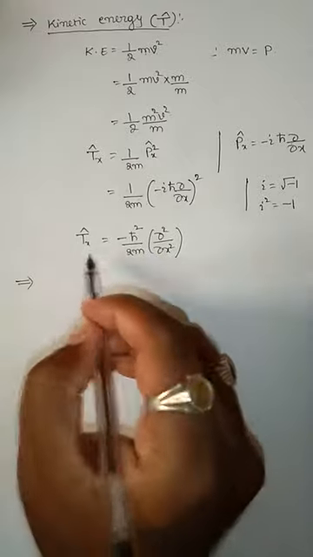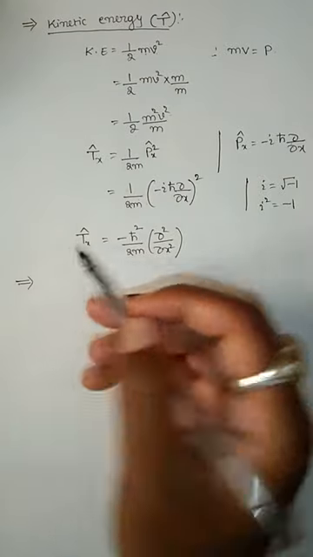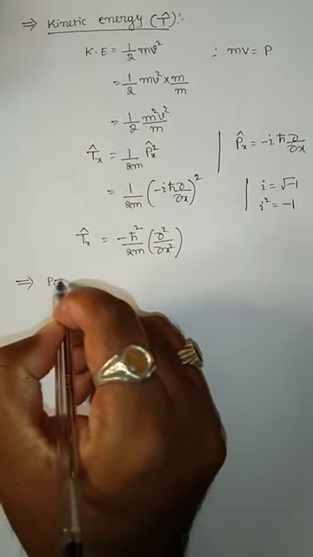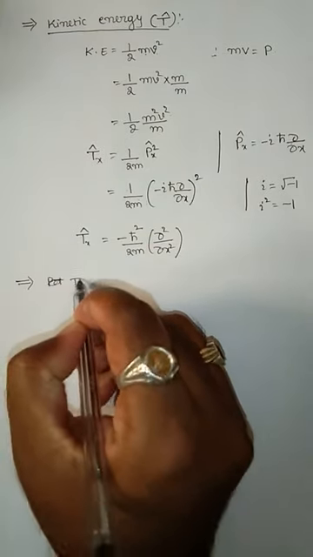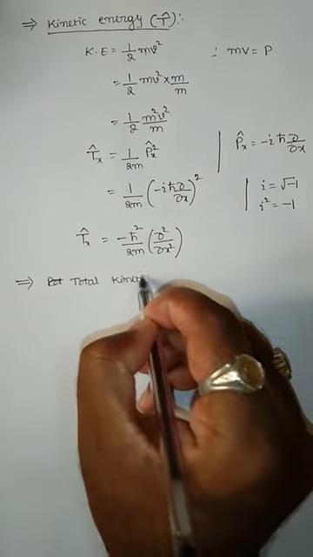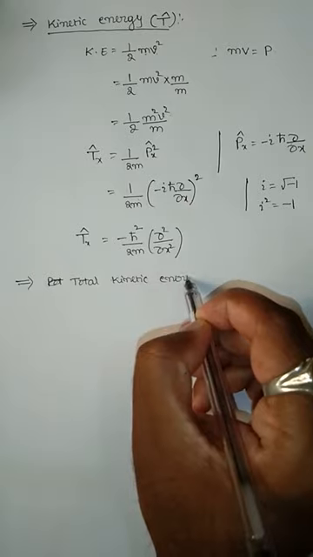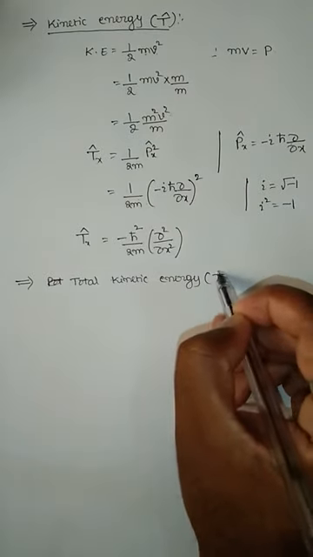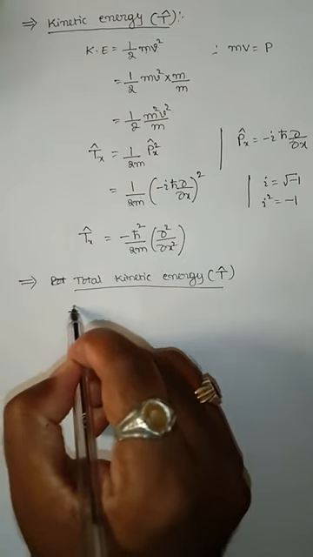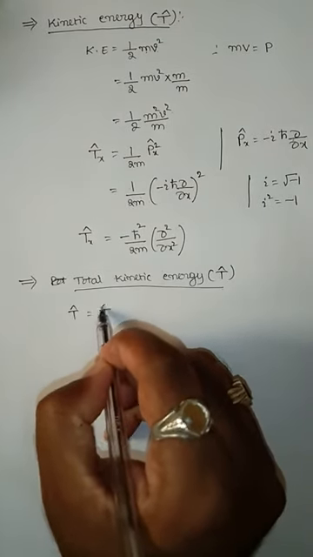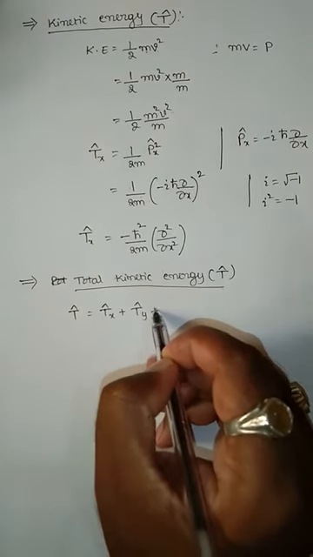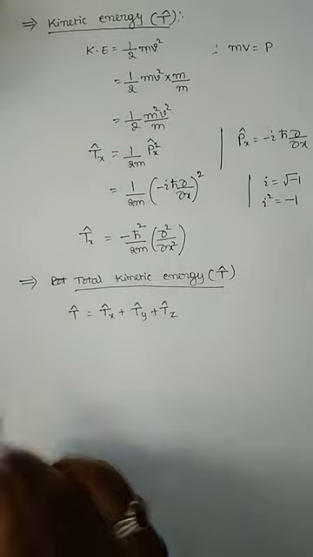So when kinetic energy is measured along the x-axis, we can get it in the remaining two Cartesian coordinates also, so as to get the total kinetic energy. That is T cap. So total kinetic energy T cap will be kinetic energy along x, kinetic energy along y, kinetic energy along z.